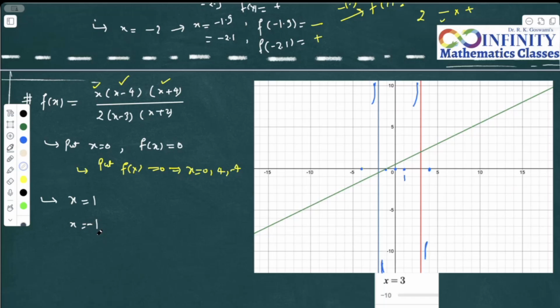For 1, it would be negative 15 over 2 times negative 2 times 5. So for 1, it would be negative 15 over negative 20, which is negative 0.75.